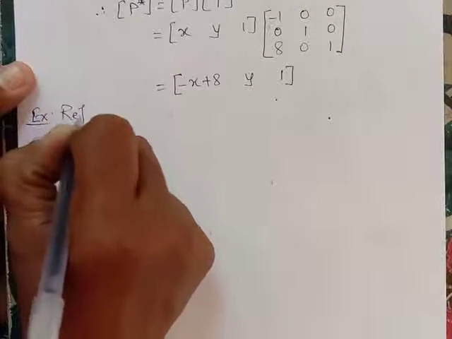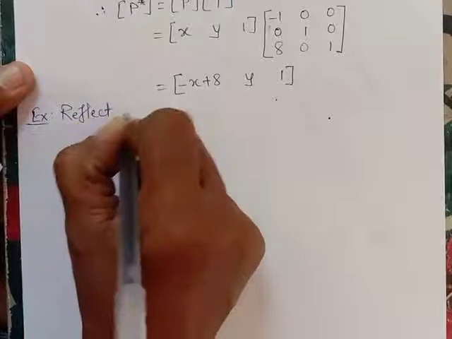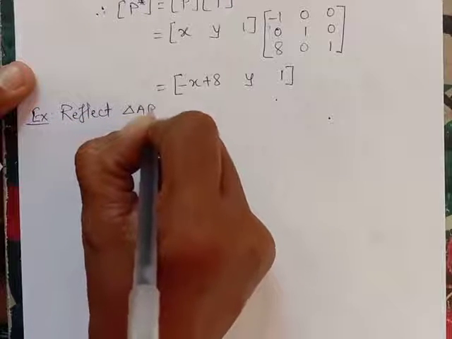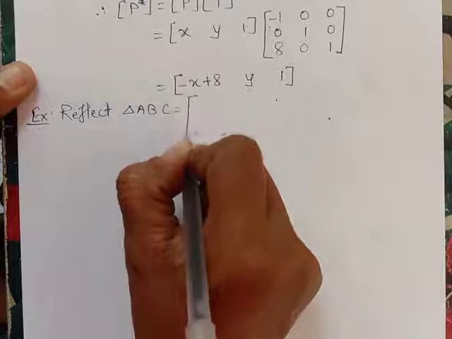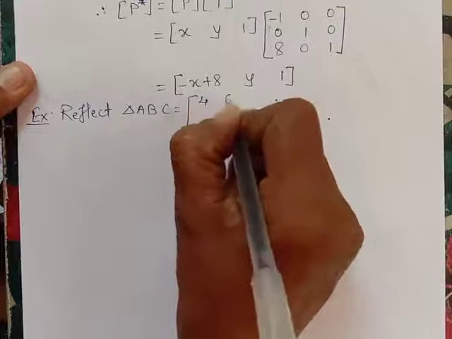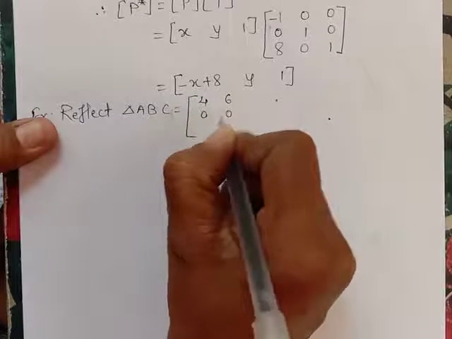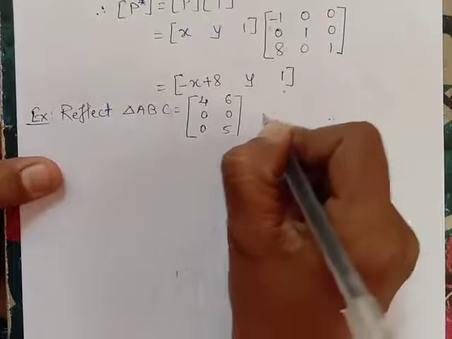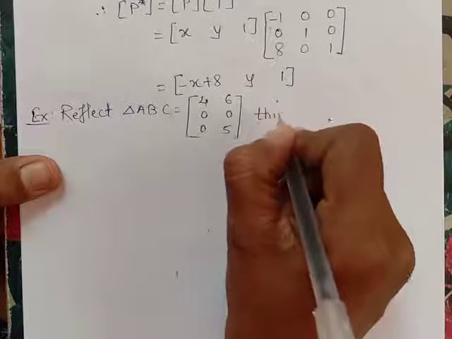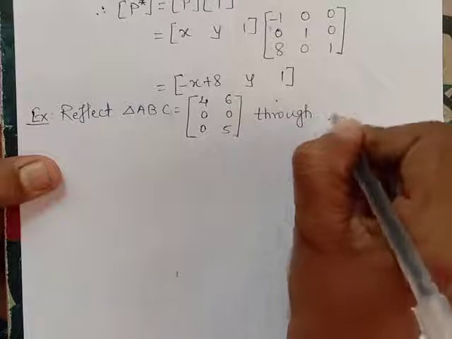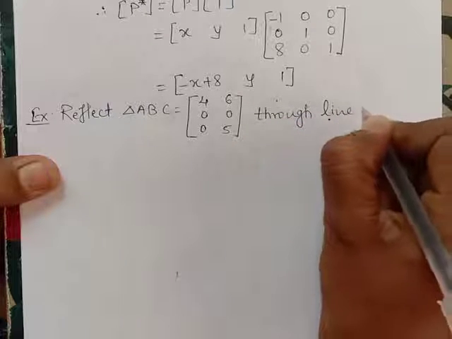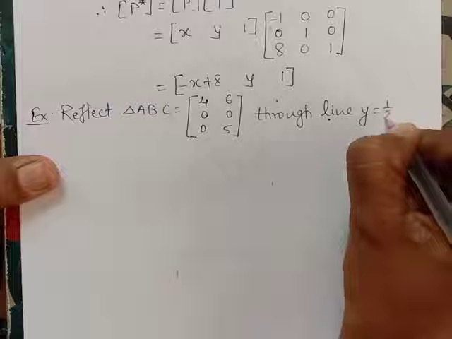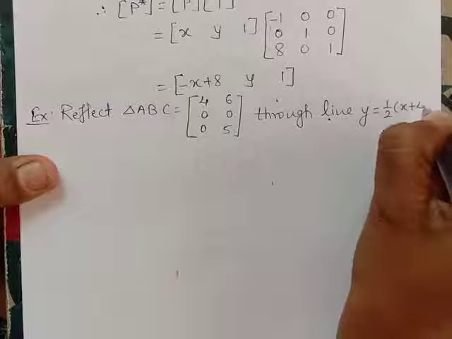Reflect triangle ABC having the position vectors as such through line y equal to half of x plus 4.